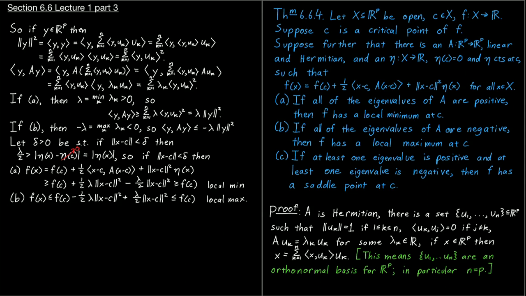The proof of part C is going to be simpler. We're going to let uj, uk be such that lambda j is bigger than 0 and lambda k is less than 0. Then fj of t is f of c plus t uj.